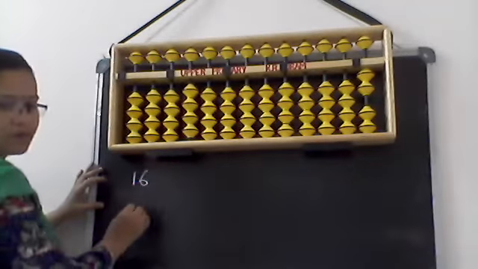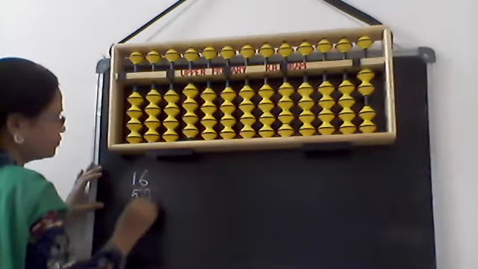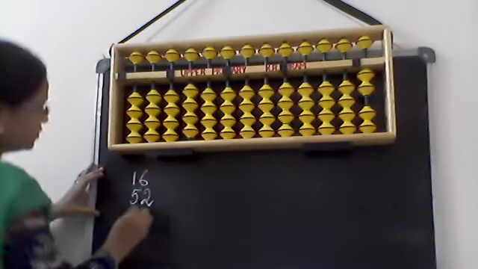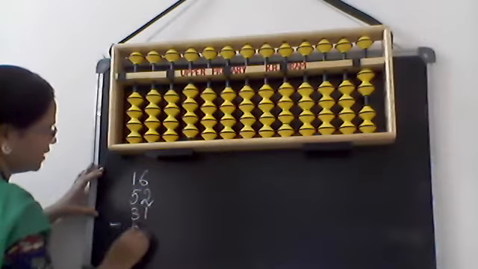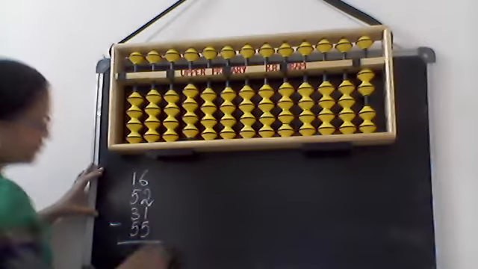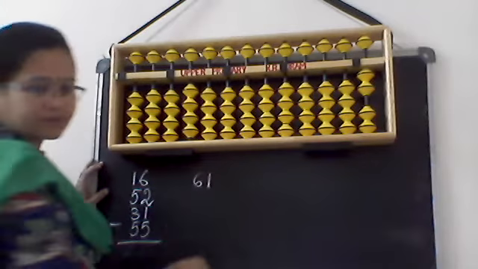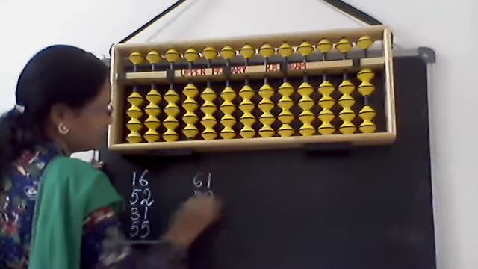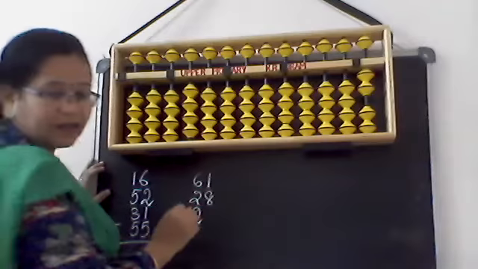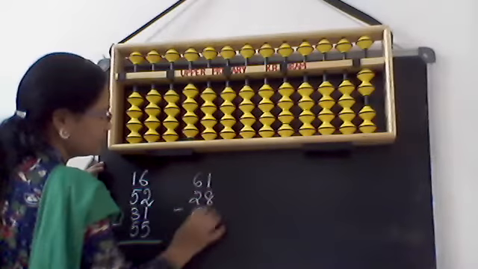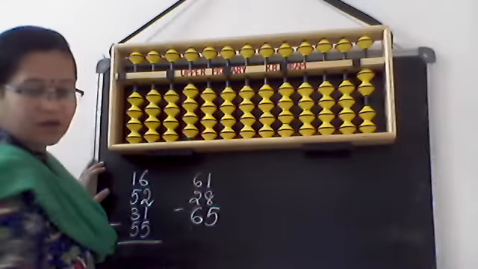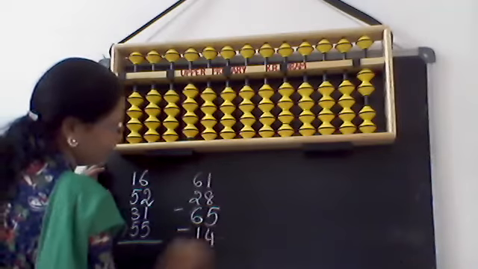16, 52, 31 minus 55. How to do it? 61, 28 minus 65 minus 14. What will be the answer?